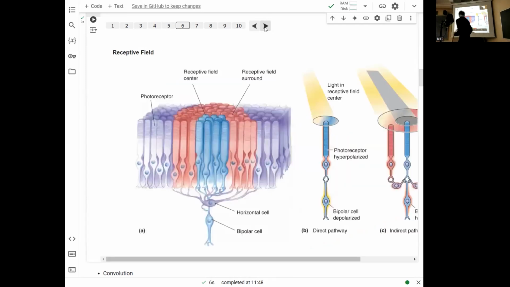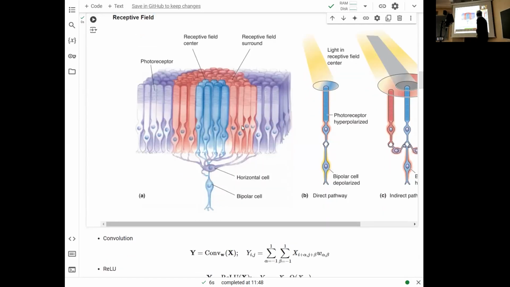Okay, it has some sort of even analogy in biology, because if we think about how we see the world, it's a very interesting fact that our brain is getting information from the retina, not only from some single rod or cone in the retina, but it gets some information collected from the so-called receptive field.